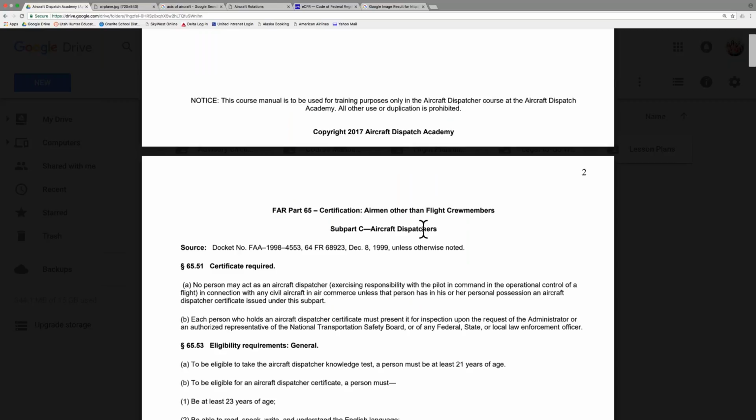So we're going to go through this really quick, and if there's anything that you need to take notes on, once again, I will make that very clear. Please take notes on this. The other stuff is kind of like the other FARs. As long as you know where to find it, that's sufficient. But if I tell you, hey, this is something you need to know, please make note of it.